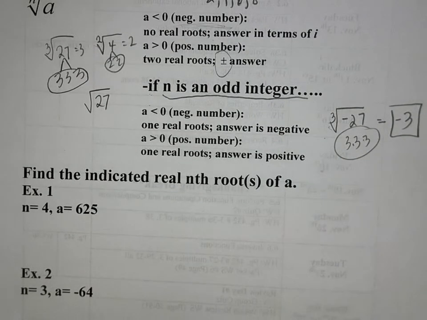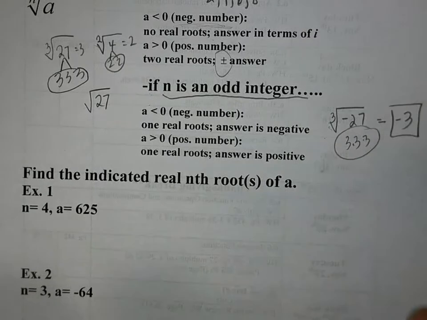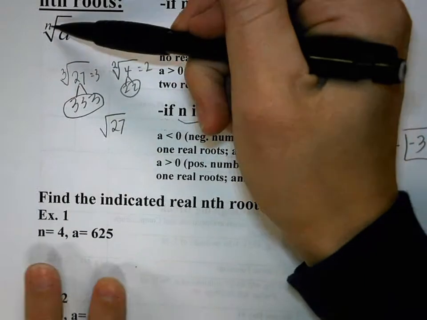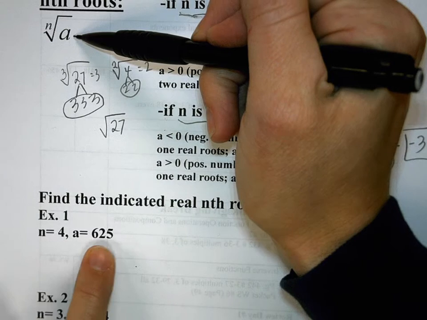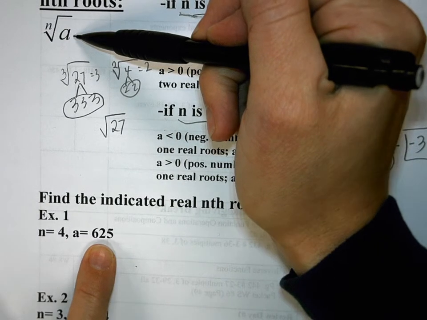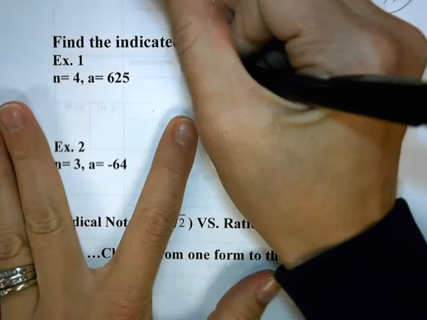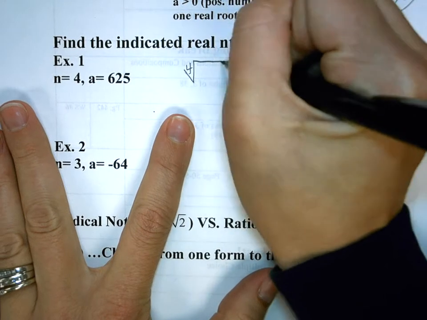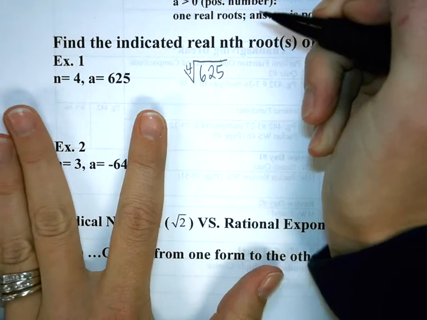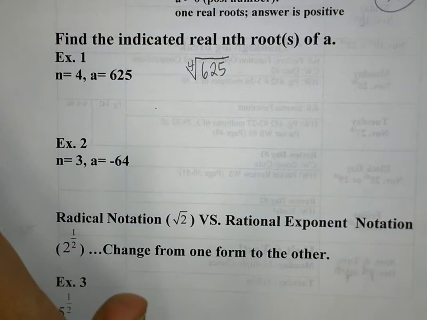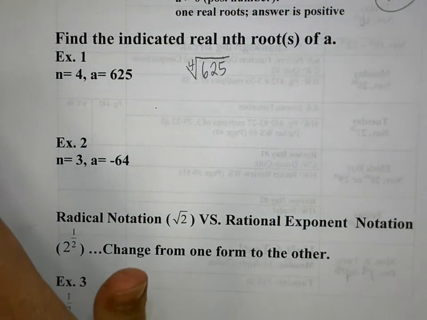So let's go through and try this. If you look back here, see how this says n and a? n is telling you your root number, and a is telling you the number under the root. So when I write this, this is going to be written as the 4th root of 625. Vienna, how many numbers do you think I'm going to need to make a group? 4.